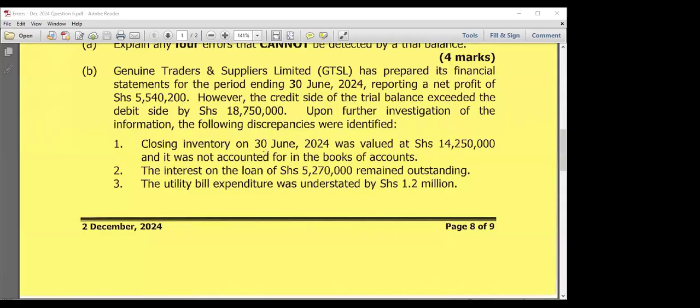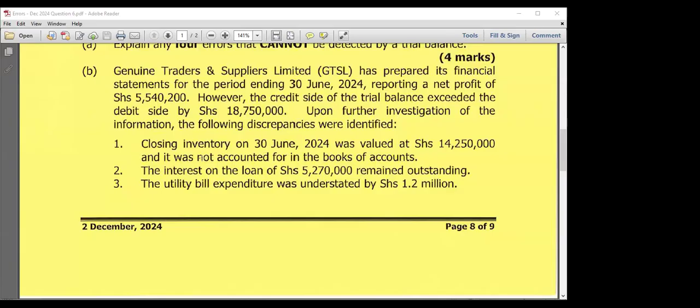Remember, I've told you there are some concepts that we've not covered before that may appear in a scenario, because when your exam is set at the end of your learning period, the examiner assumes you've covered all the topics, so they can incorporate like about 5 topics in one question. So we have a closing inventory. We shall debit closing inventory, and we shall credit the trading account or cost of goods sold account.